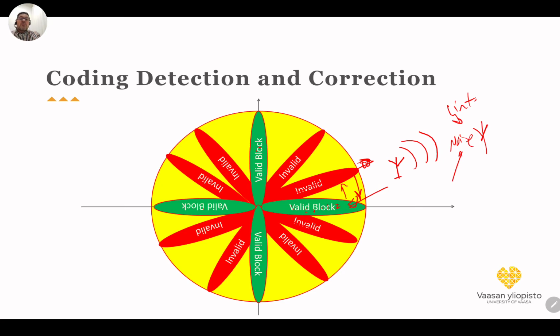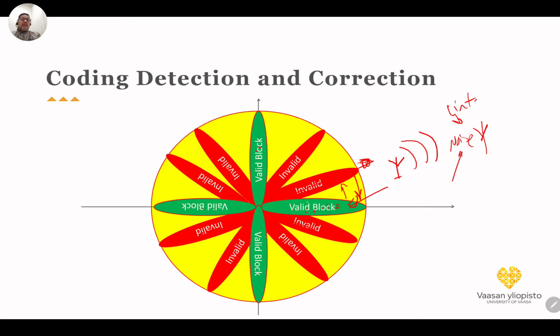So for example, if the probability of having one error in this block is, let's say, 0.01 percent, then the probability of having two errors in the same block can be 1 per 10,000, or even less, like 1 per 100,000, for example.